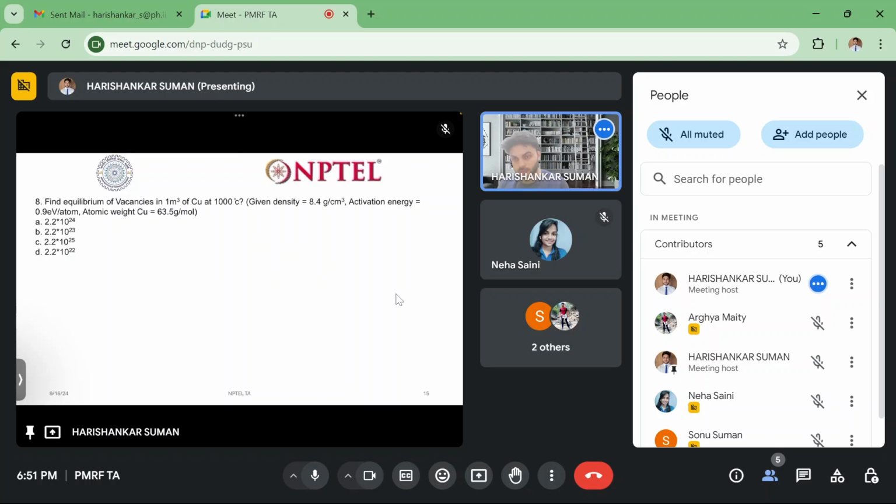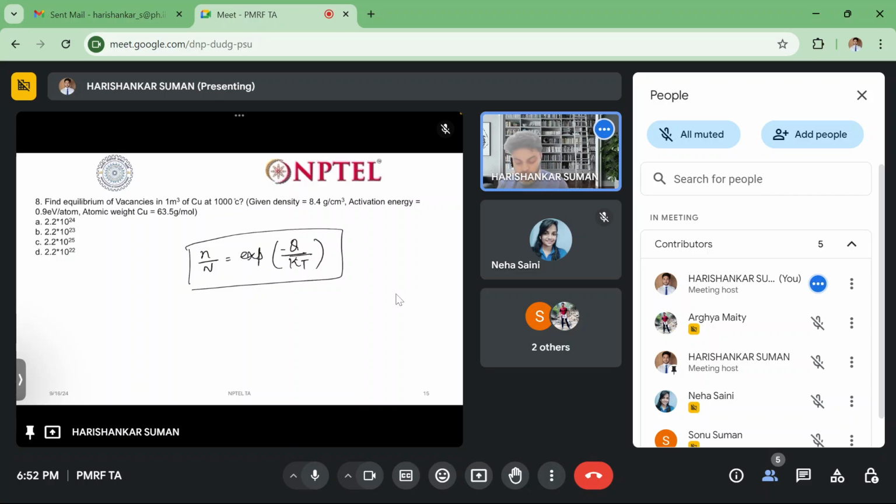Next, find the equilibrium vacancies in 1 centimeter cube of copper at 1000 degrees Celsius. These are the given values, with activation energy Q. So apply this formula.